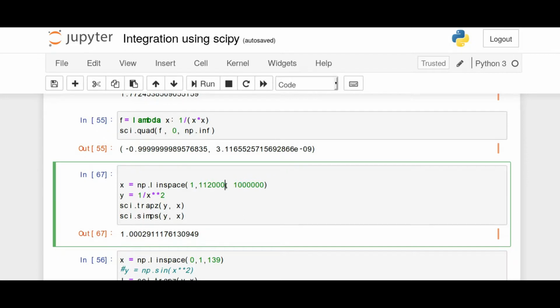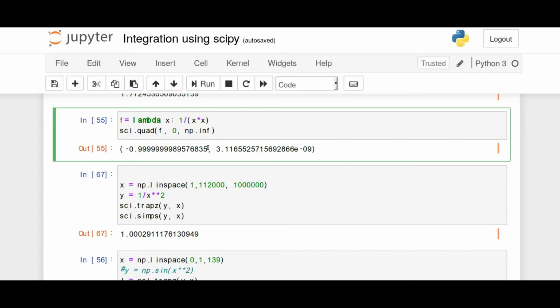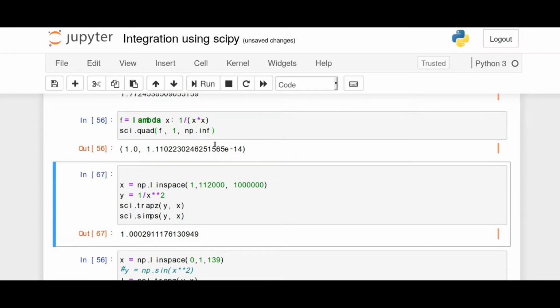I want to integrate to infinity, so I am thinking of a very large value. I am creating a large value with a very fine division, and y is 1 over x square. I want to print both the trapezoidal and Simpson results.